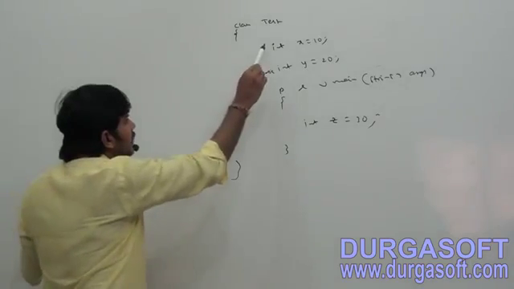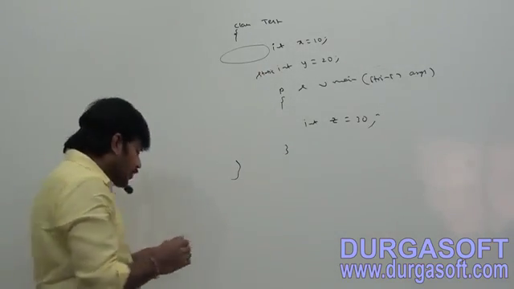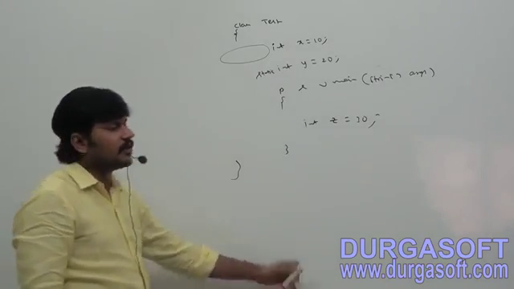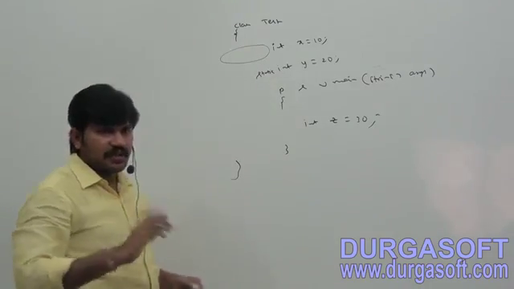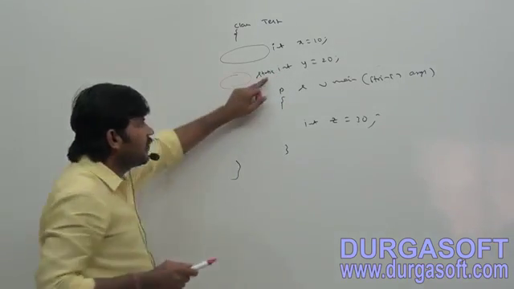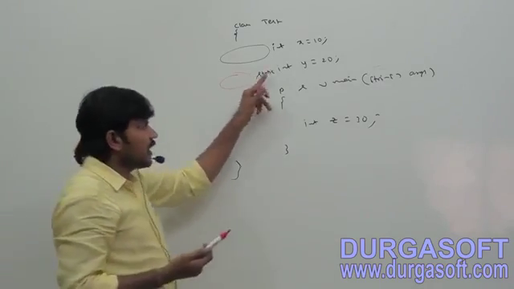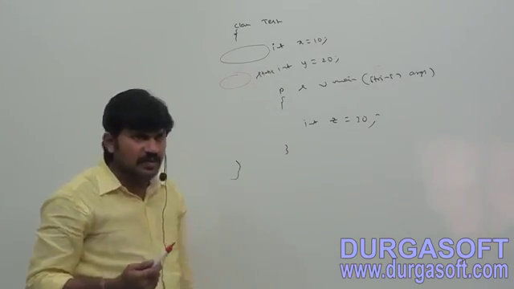If I'm not declaring any access modifier, then by default it is default. Public is not there, which means default. We can access this variable within the current package anywhere.